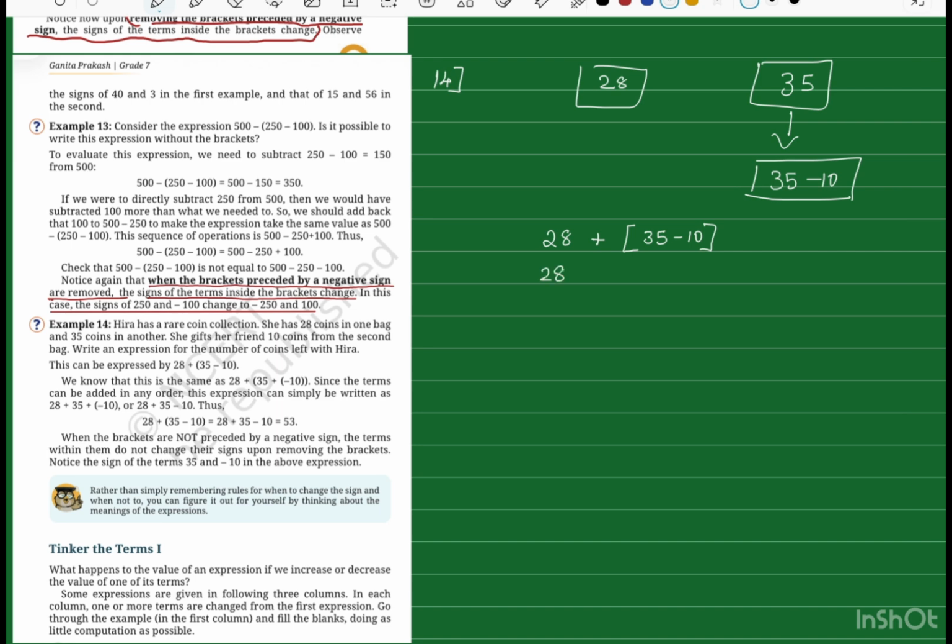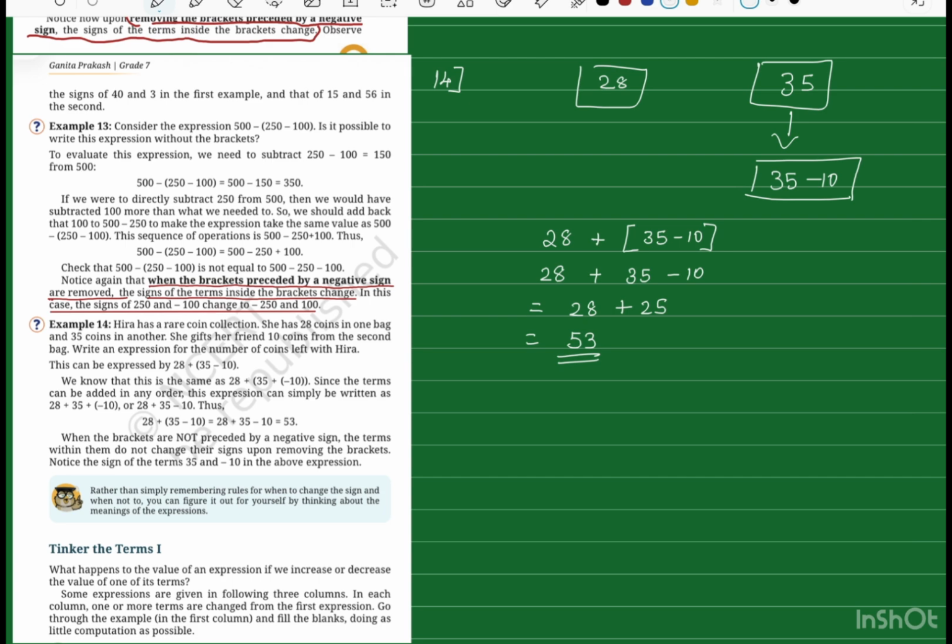So the expression will be 28 plus 35 minus 10. That is equal to 28 plus 25, so 50 plus 3, 53. The value is 53.